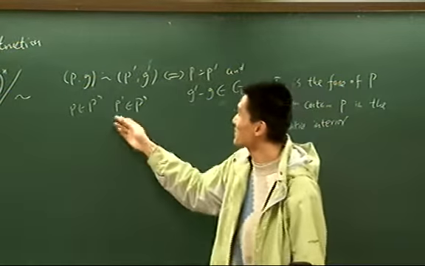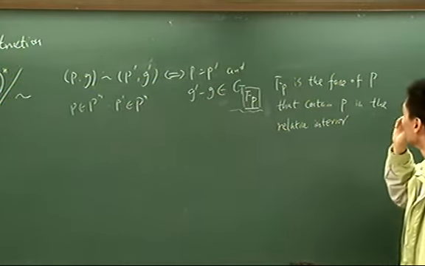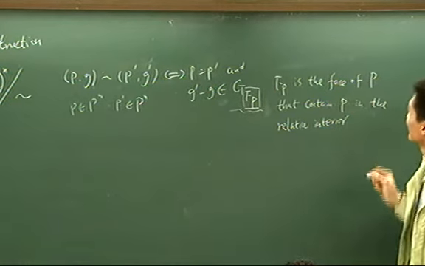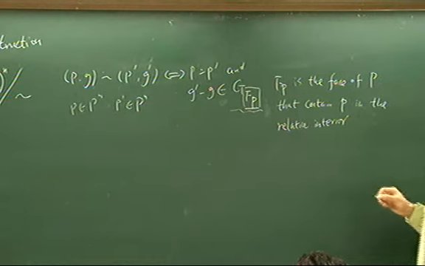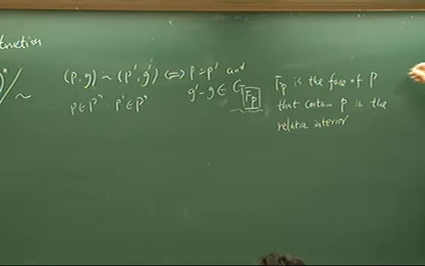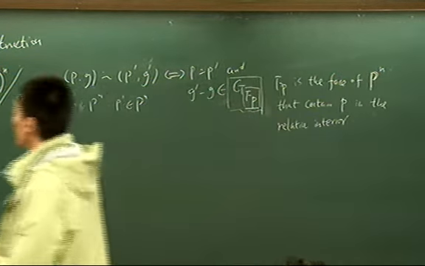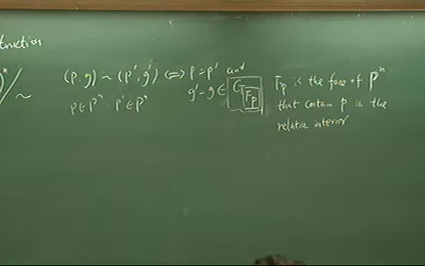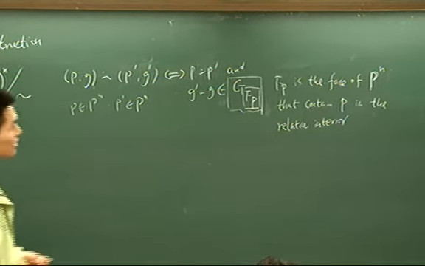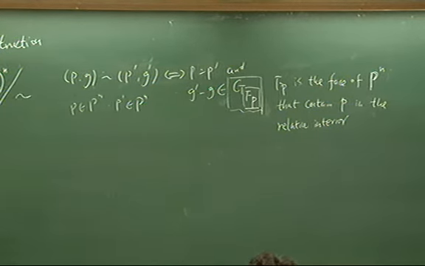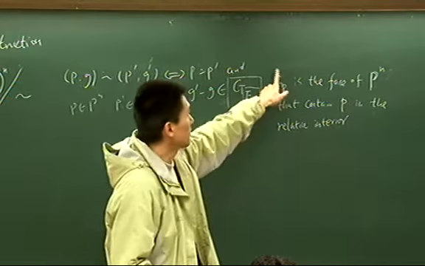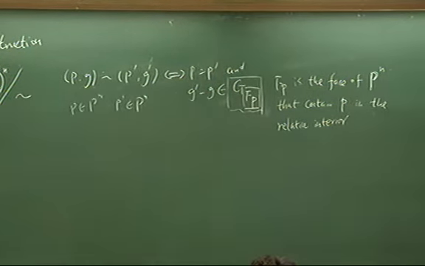So F_p is a face of the big P that contains the small p in its relative interior. And this group is decided by this action. Basically, this group is the isotropy group of the points over this face under this action, because this action has some fixed points.